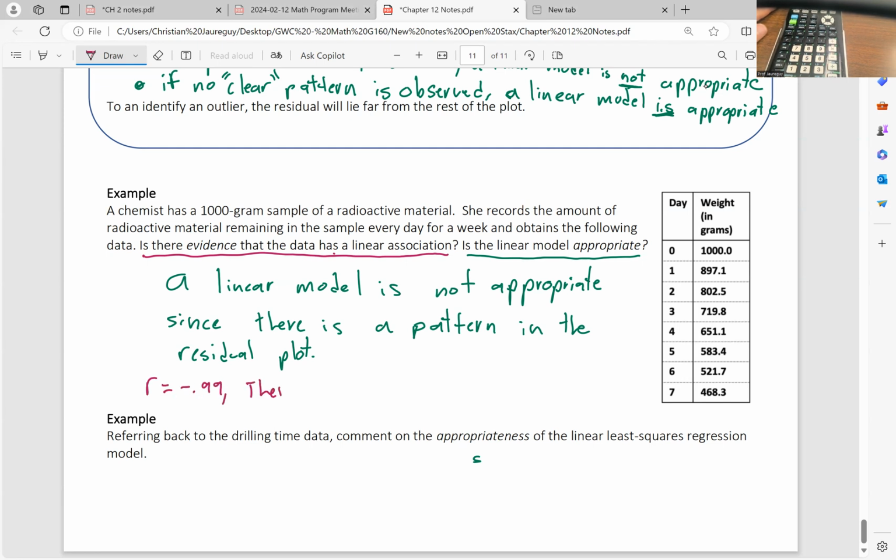Yes, there is a strong negative linear association between time and weight, really, between time and weight.